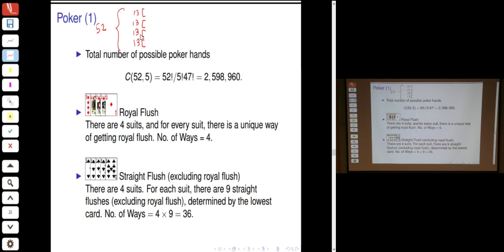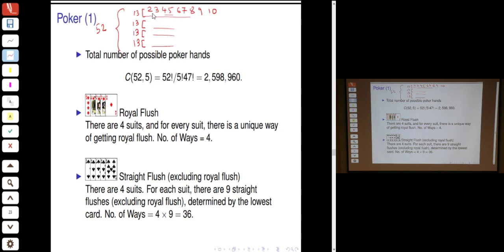Anyway, each suit contains 13 cards, and these 13 cards have numbers. So you start with 2, 3, 4, 5, 6, 7, 8, 9, 10. Okay.